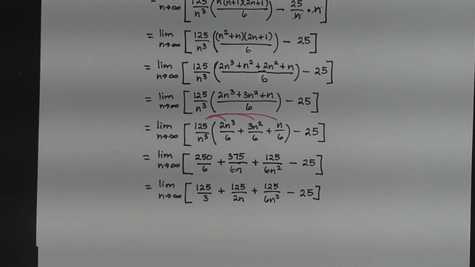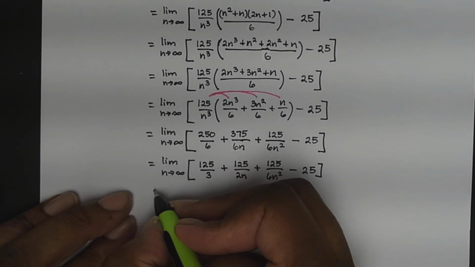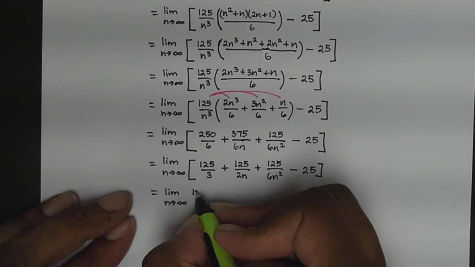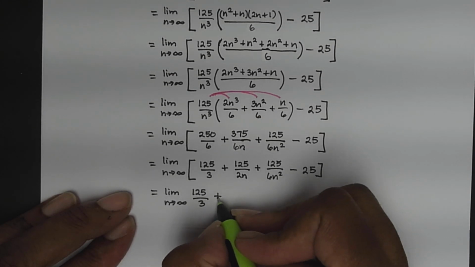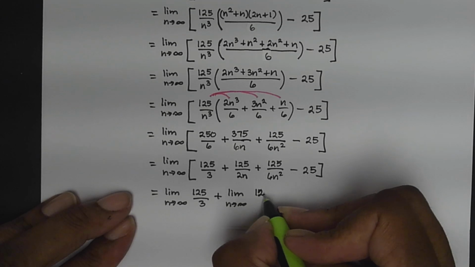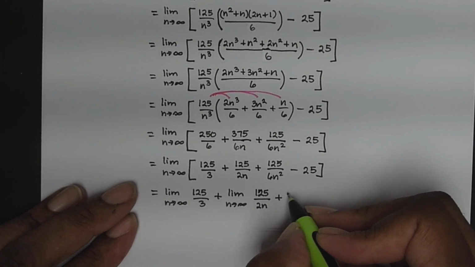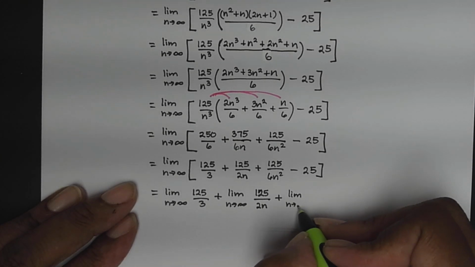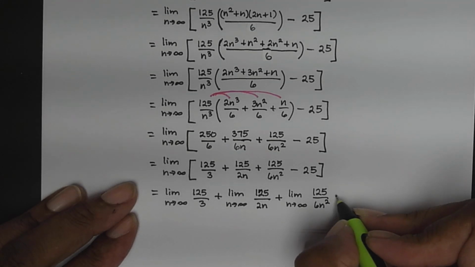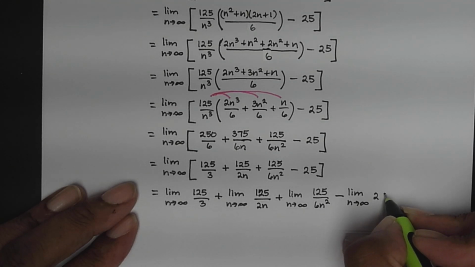Now, of course, the limit of the sum and the difference will be the sum and the difference of the individual limits. So here's what I'm going to have. The limit as n approaches infinity of 125 over 3, plus the limit as n approaches infinity of 125 over 2n, plus the limit as n approaches infinity of 125 over 6n squared, minus the limit as n approaches infinity of 25.